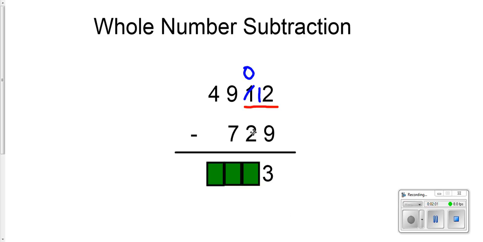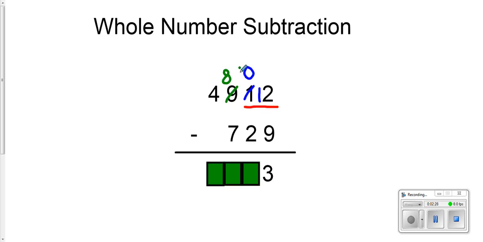Now similarly, I can't take 2 away from 0. But this isn't really 2, it's like 20. I can't take 20 away from 0 10s, so I borrow from this 900, or this 9. I cross out the 9, and instead of 900, this is now 800, and I'm breaking one of those hundreds into 10 different 10s.